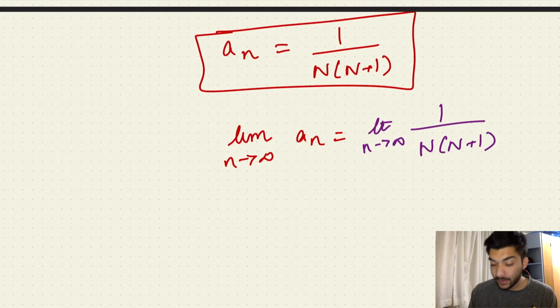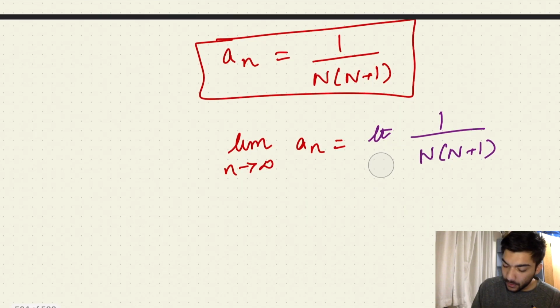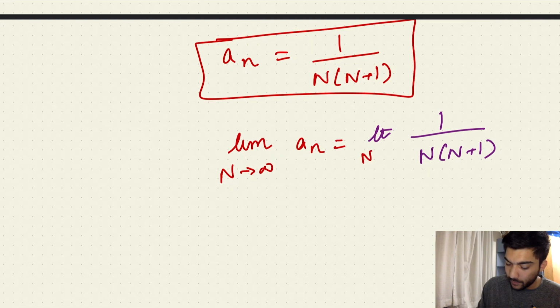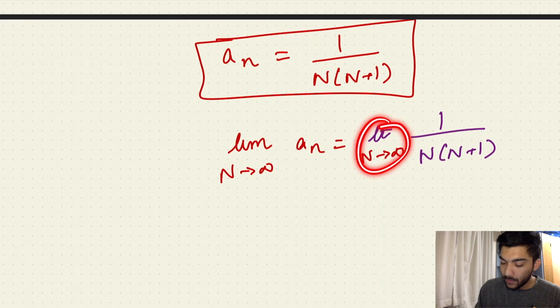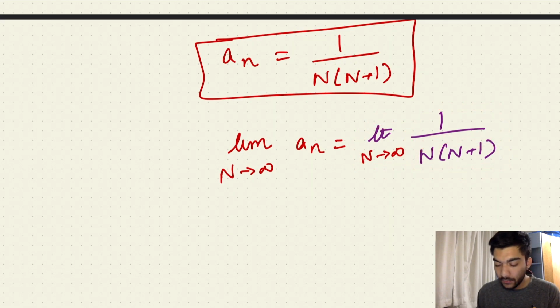Since our sequence is in terms of capital N, we'll change the limit in terms of capital N as well. So this is capital N approaches infinity on both sides. And you know that if we take the limit as n approaches infinity for this expression over here, our denominator goes to infinity. If our denominator goes to infinity, our limit will simply be equal to 0 in this case, right?